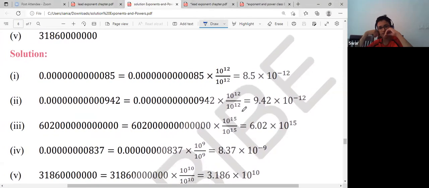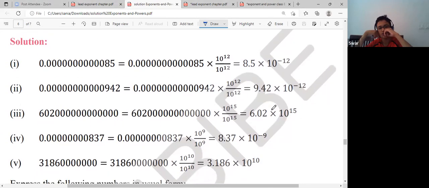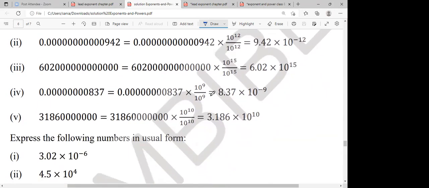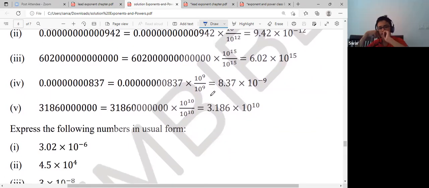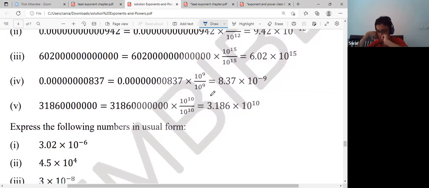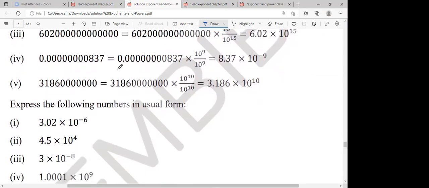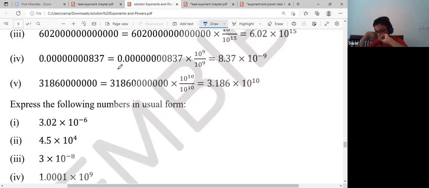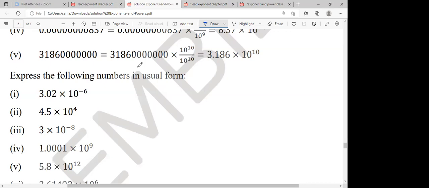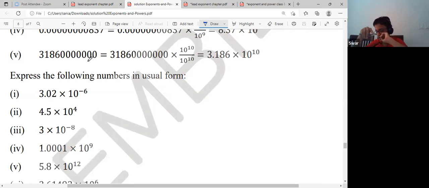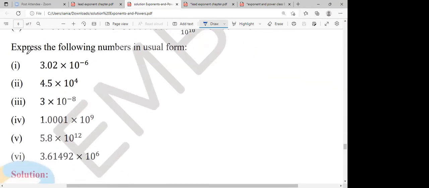Ma'am, 94.2 multiplied by 10 raised to the power minus 14. Okay. Next, 6.02 multiplied by 10 raised to the power 15. Okay. Next, 83.7 multiplied by 10 raised to the power minus 10. Okay. Next, 3.186 multiplied by 10 raised to the power 10. Okay.